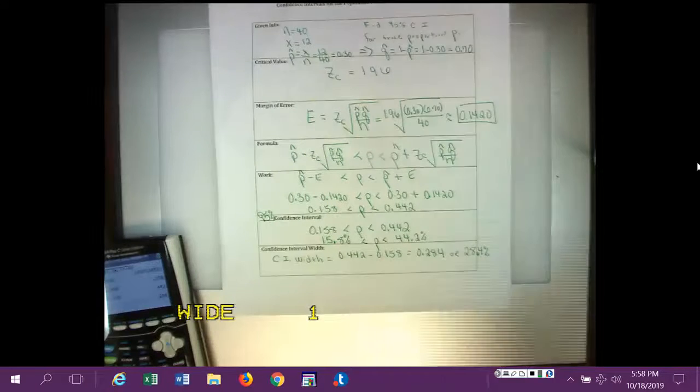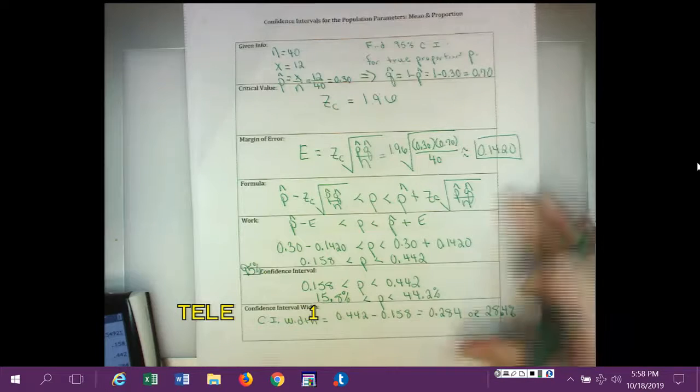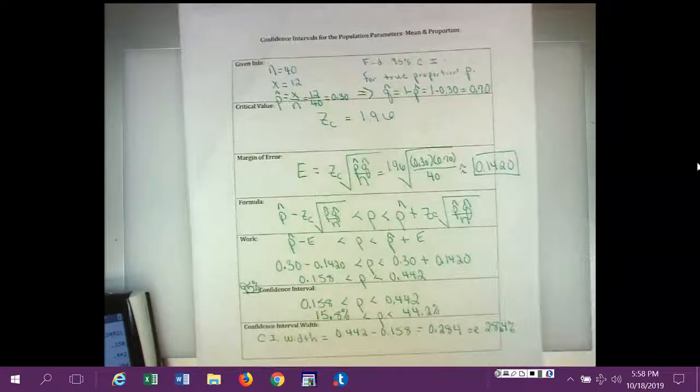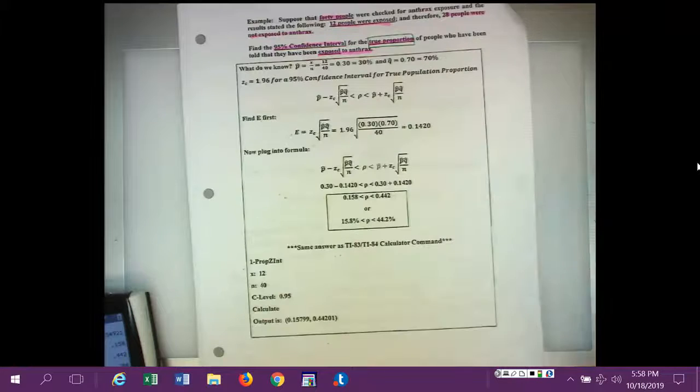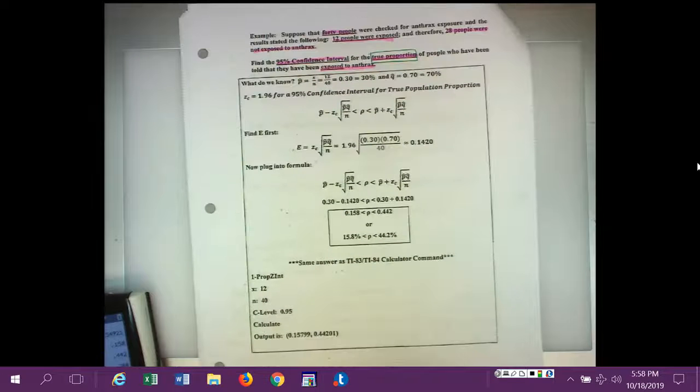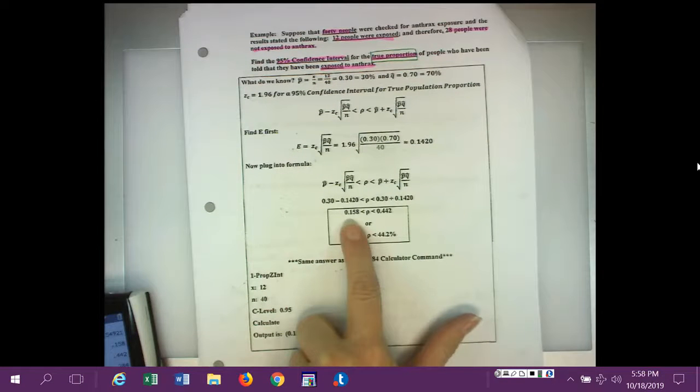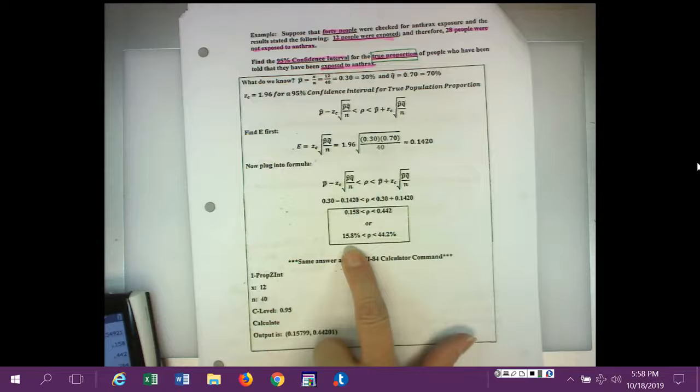Again, it's a Z interval. Very easy, especially since it's still a type of Z interval. Going back to your lecture packet, if you notice, I basically just went over how we received the final answer for E, and for our lower limit and for our upper limit, and then our percentage answer.